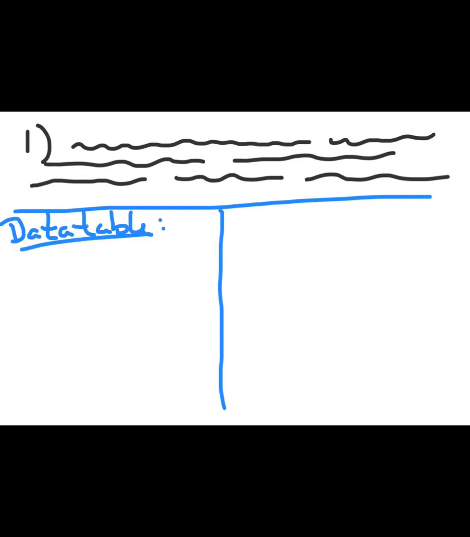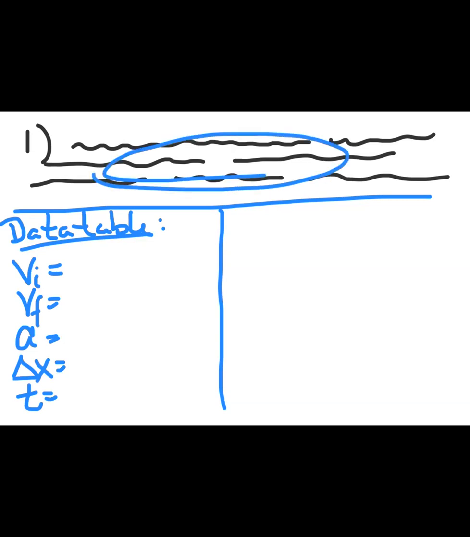Our data tables are always going to look like this for kinematics problems. I encourage you to use velocity initial, velocity final, acceleration, delta x, and time. And so you'll build this data table, extracting the information from the body of the problem, and you'll start to pull information out.